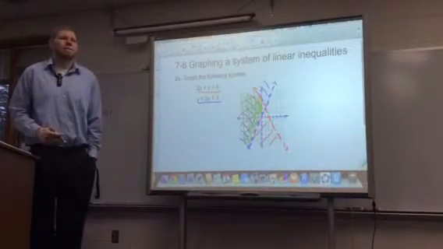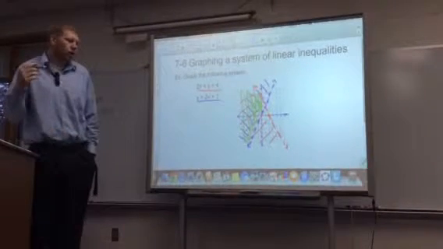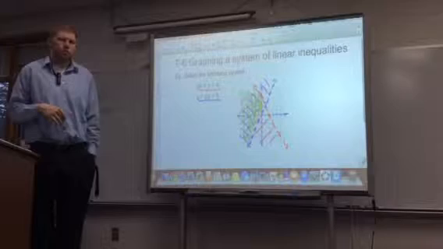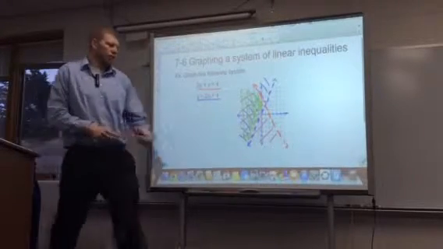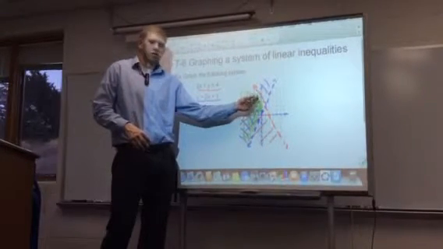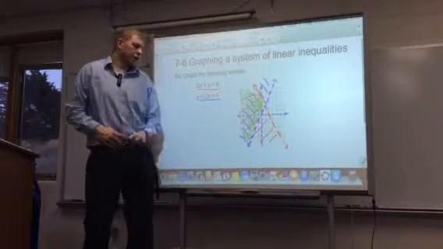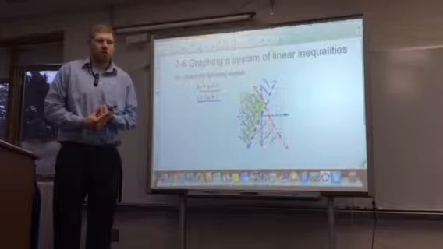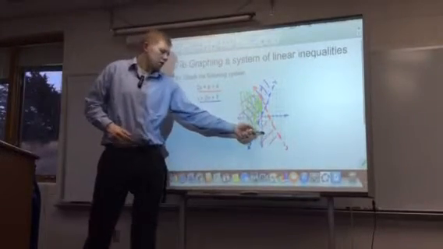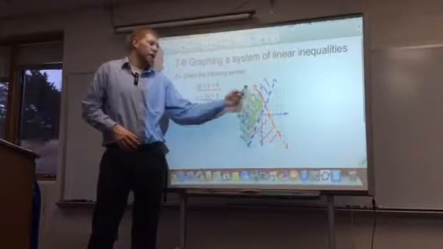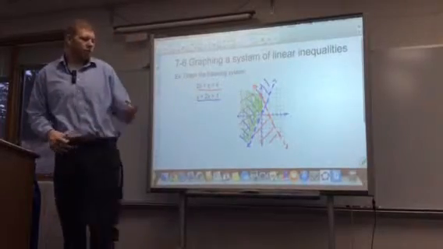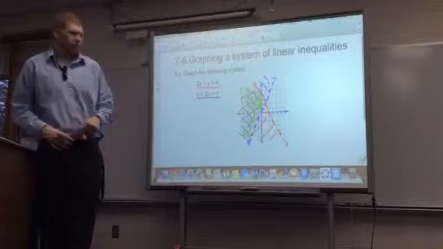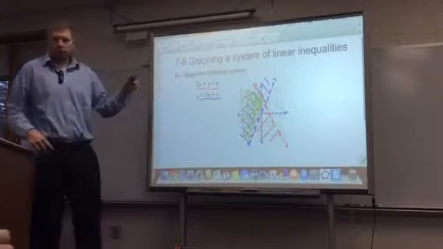Make sense? So would -1, 4 be a solution to this? Yes, -1, 4 is up here somewhere. That's in the green. If I pick, say, 0, -5, is that a solution? It's in the red, but it's not in the green. Right, it has to be in both. So 0, -5 wouldn't work. Obviously 5, 0 wouldn't work because that's not even in any of the shade. Make sense?